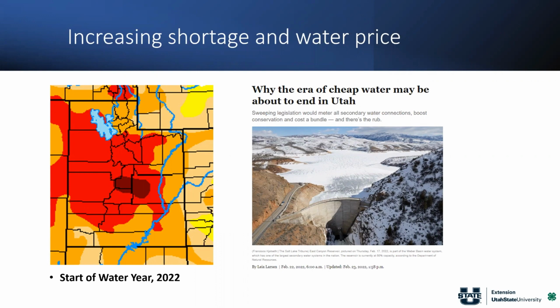It's an ongoing process, and it was long overdue. So even if the nursery or landscape are using secondary water, it's going to be metered. The big nurseries here in Utah are using culinary or municipal water, which has a huge cost associated with the irrigation. So yeah, we are facing water shortages, and the water prices are going high.